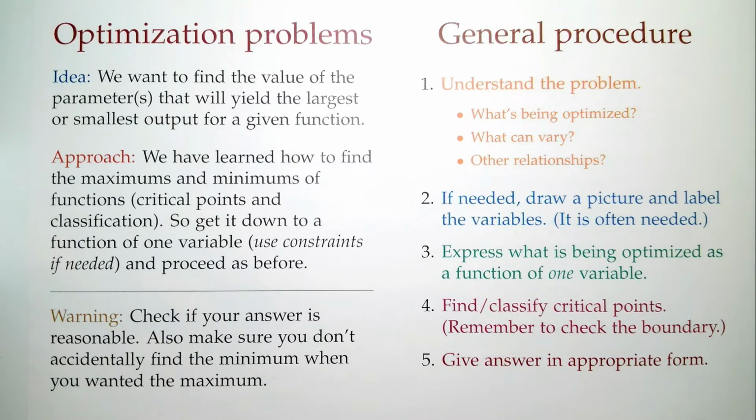I classify them as I need. If there's endpoints, I check the endpoints. And then I'm done, and I just make sure I give the answer. So pay attention to what's being asked. Sometimes you may want to say, what are the parameters? Sometimes you're going to say, what is the output? So just pay attention to what's being asked.